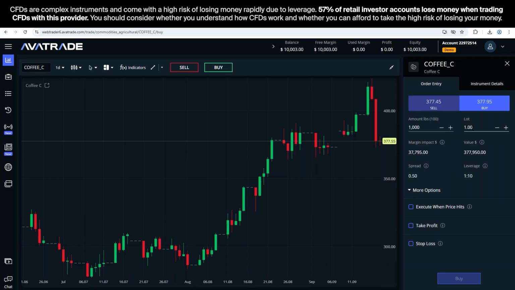We will see this is obviously something that we can't do because the value is 378,000 and the margin is 37,000. We've only got 10. But if we do 0.1, we see that the value is 37,820, but the margin impact is only 10% of that, which we need available to open the position.